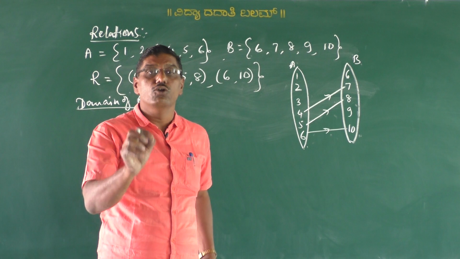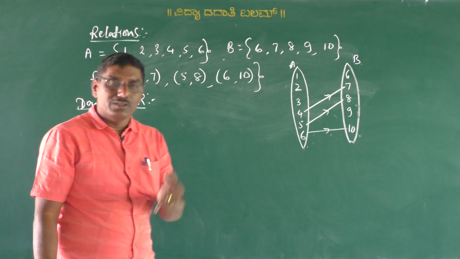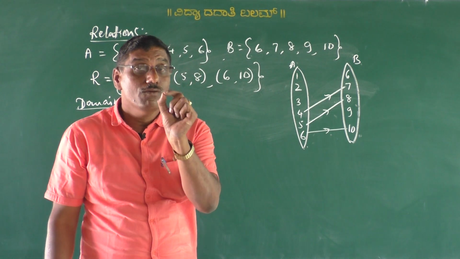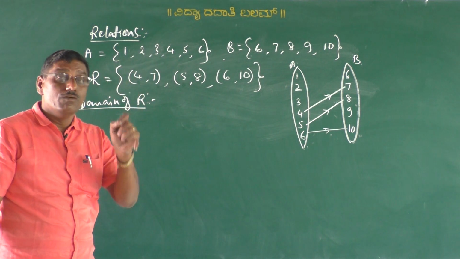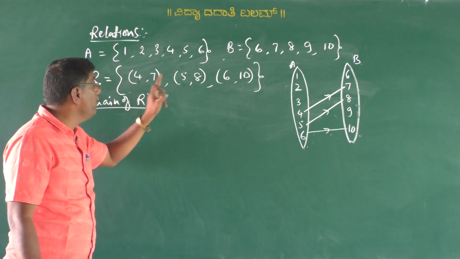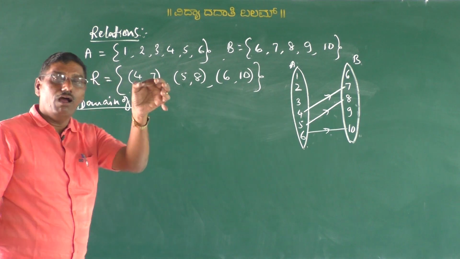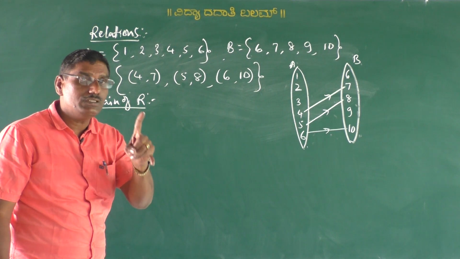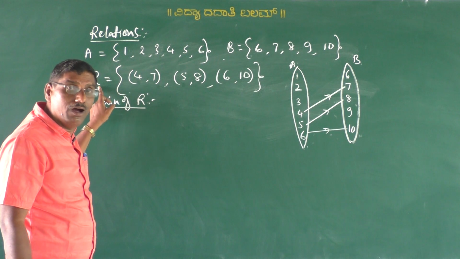Domain of R means the set of all first elements of the ordered pairs in a relation R. Are you understood?